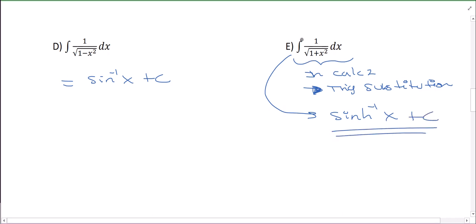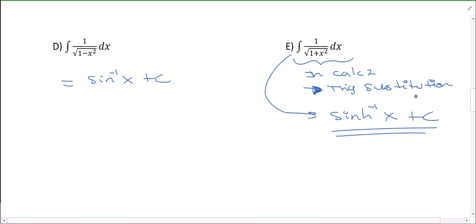Now if you had limits of integration here and you plug them in, you will get the same answer as if you go through the full method of trig substitution and then plug the values in. Right, because it's the same function, you're finding the same area. It's just that knowing your hyperbolic inverse derivatives really will simplify this crazy work.